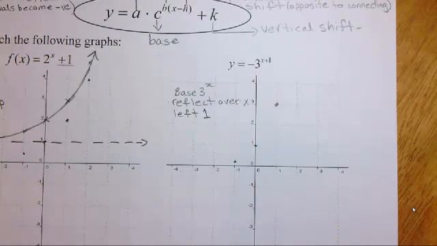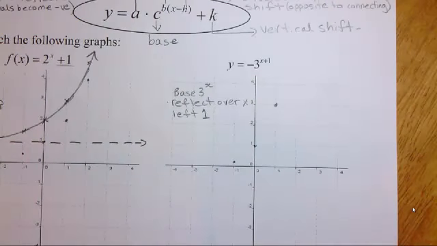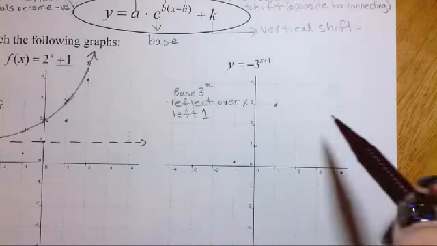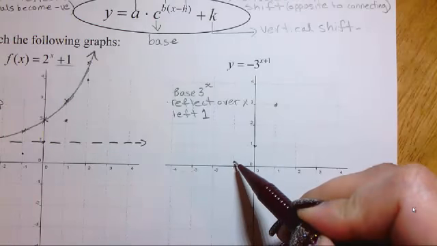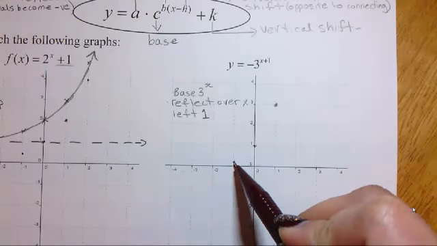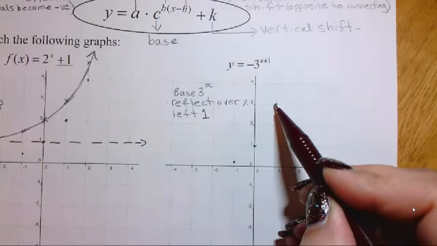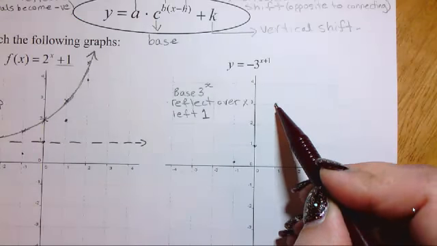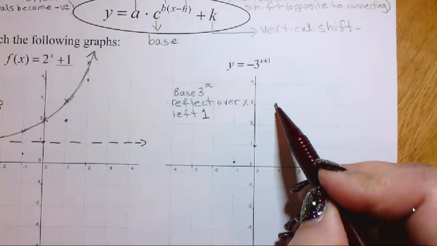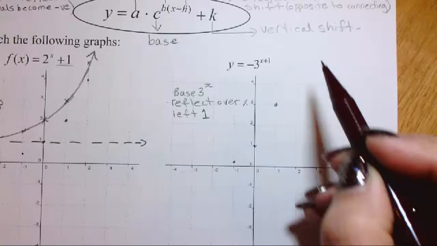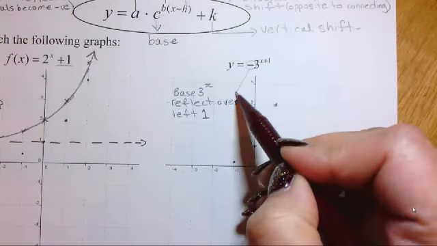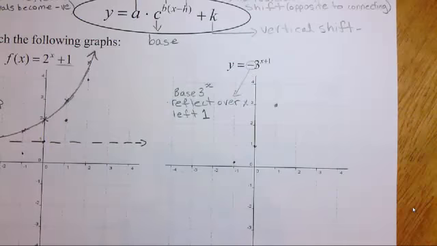Okay, now let's have a look at this second one here. Now, our base is 3 to the power of x. So that means that we have a dot here at -1 and a third, 0 and 1, and 1 and 3. Now, the first thing we need to do here is reflect over the x-axis. And that's because of this right here. Reflect over the x-axis.